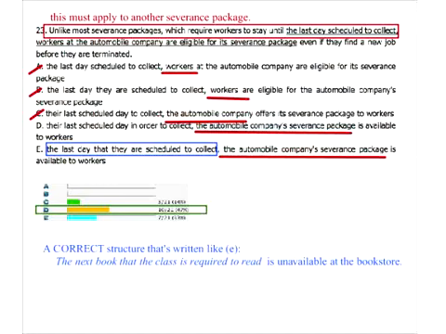The next book that the class is required to read, this construction implies that the class has to read the book. So this works here because that's really what we mean. The class is required to read the book.